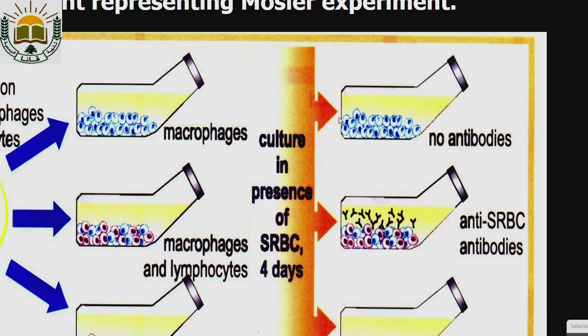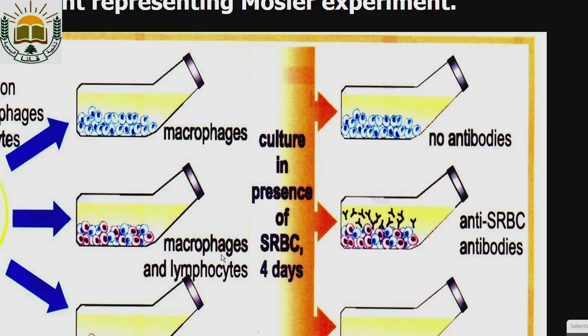So I will repeat now, officially. In the first container, we put macrophages and SRBC. There are no antibodies. This indicates that macrophages alone with SRBC cannot produce antibodies. On the other hand, in the second container, if we add lymphocytes to the macrophages with SRBC, we obtain anti-SRBC antibodies.